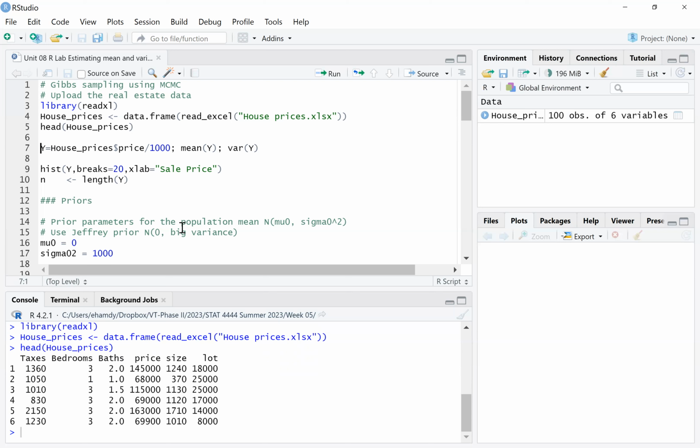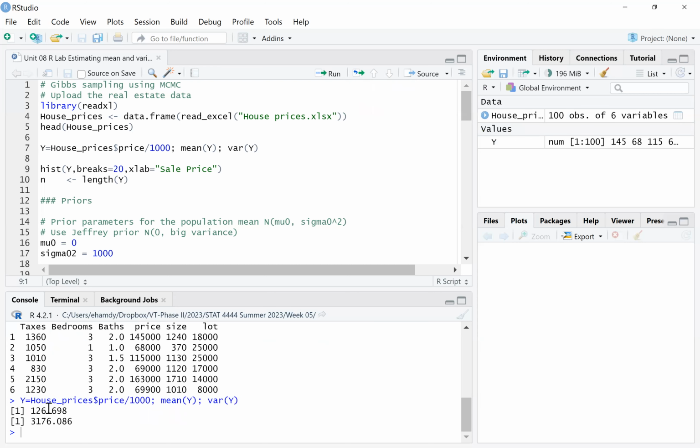But in the Bayesian approach, we work in a different way. So let's use the price divided by 1,000 to make nice numbers, but you can keep it, it's up to you. I don't like the mean and the variance to be very big. So this is the mean y bar, and this is the variance s squared using the frequentist approach.